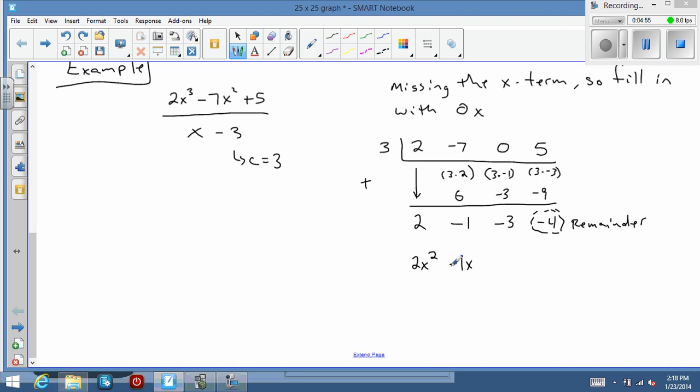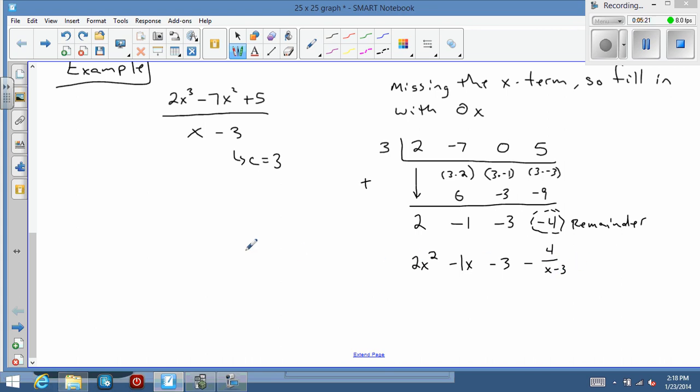So we're going to have minus 1x. And then this last number here, we already are at 1, so if we decrease, we're at 0 x's. So this last number here is a constant. And then we have a remainder of negative 4. So we can put minus 4 over the divisor of x minus 3.